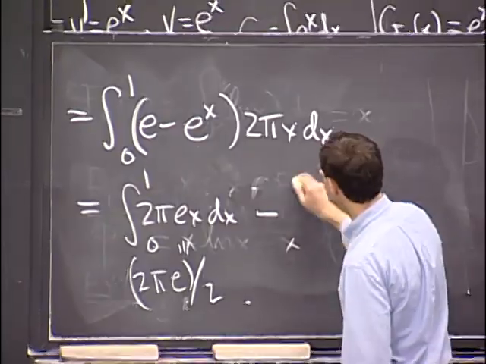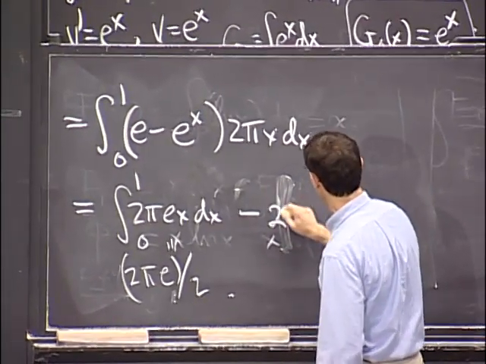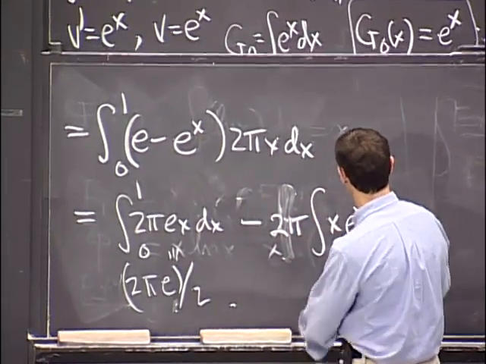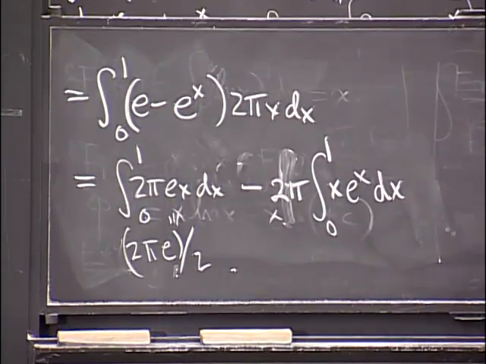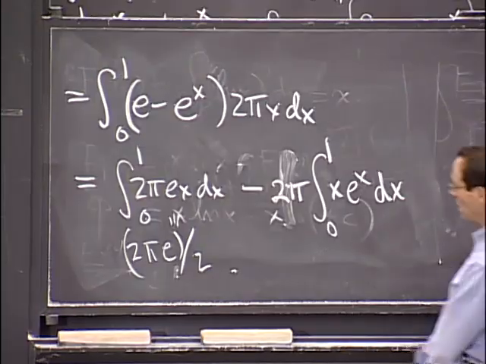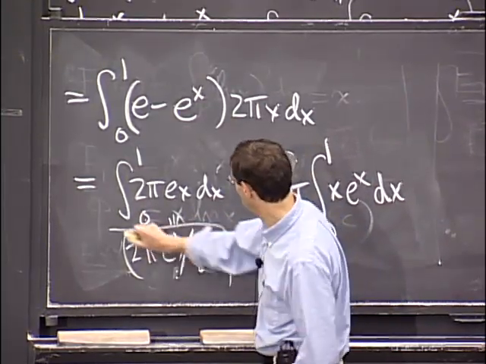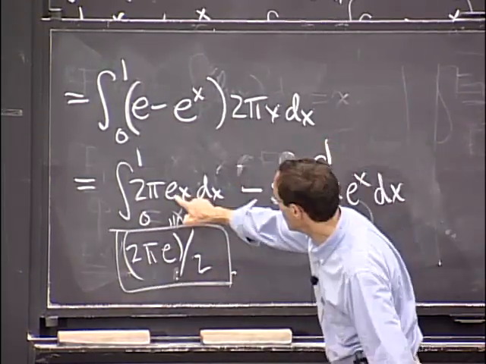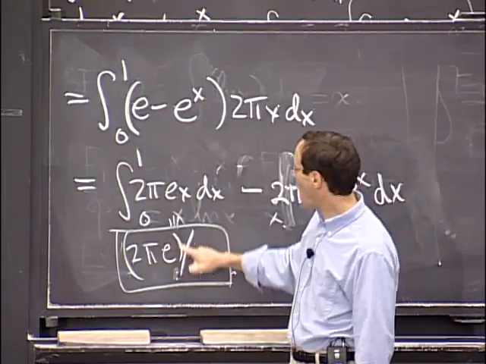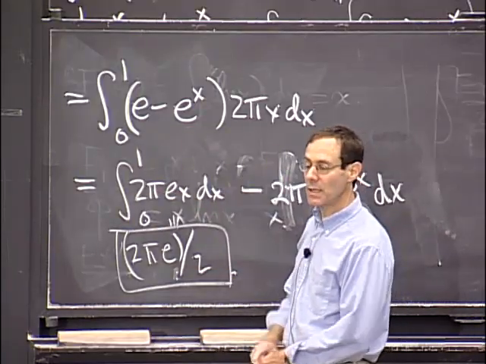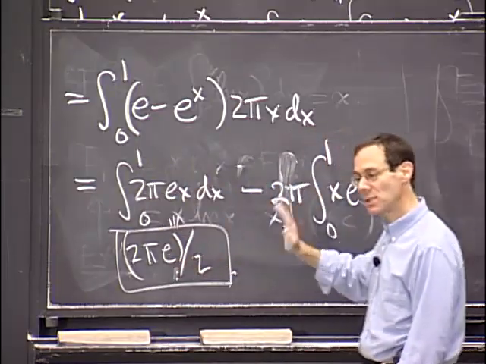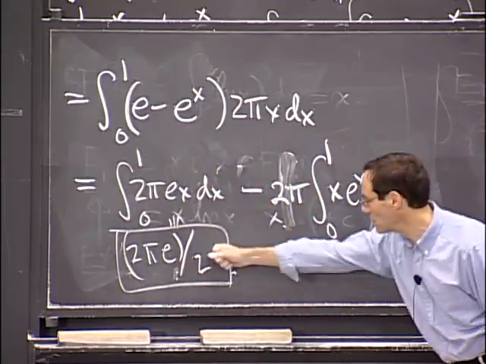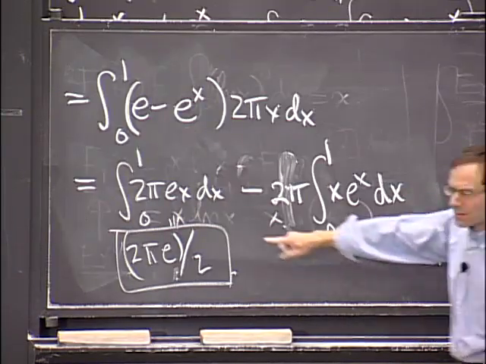And then the other piece is the integral of 2 pi x e to the x dx from 0 to 1. Are you asking me whether I need an x squared here? I just evaluated the integral. I just did it geometrically. I said this is the area of a triangle. I didn't anti-differentiate and evaluate it. I just told you the number because it's a definite integral.